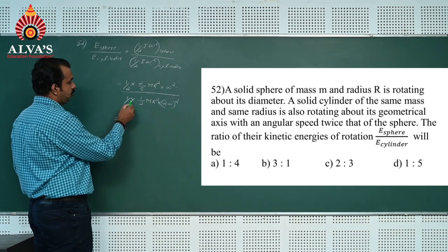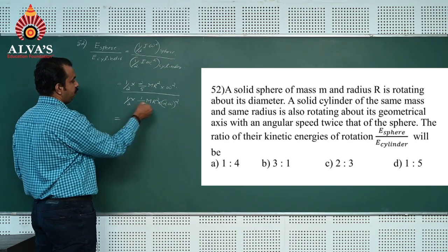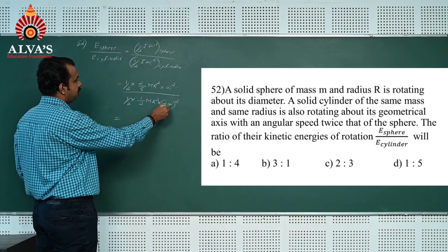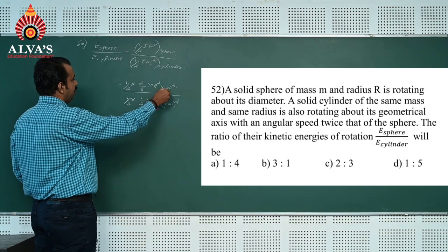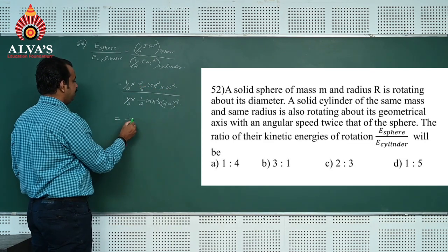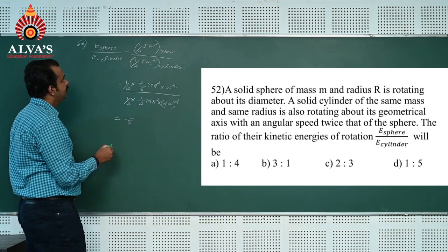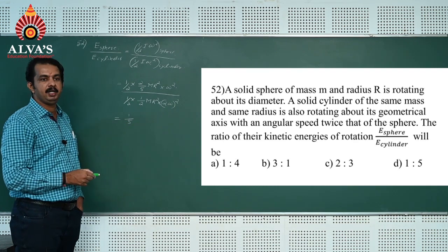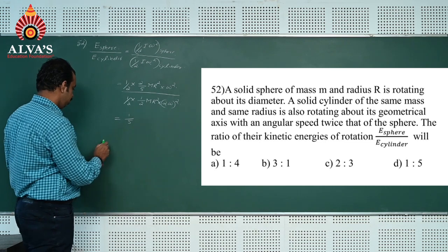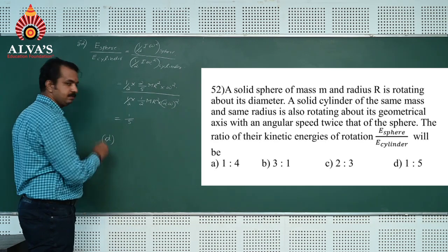It is 2 into 2, 4. The 4 gets cancelled. Mr square omega square is cancelled by mr square omega square here. The answer is 1 by 5. That means E sphere divided by E cylinder is 1:5. Option D is the correct answer.